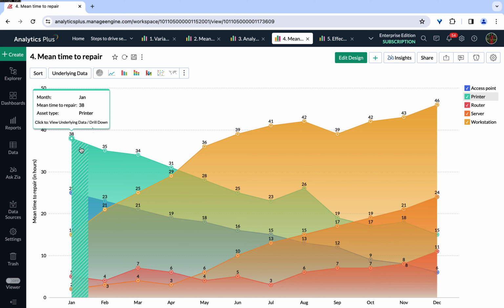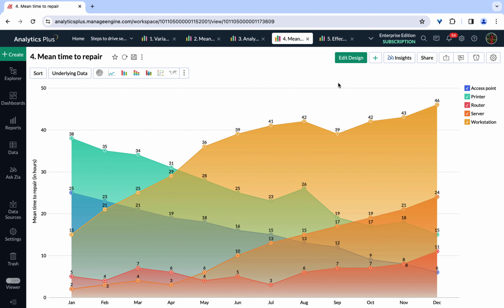It calculates the mean time to resolve incidents. And as we're looking to address the inefficiencies that significantly impact productivity and costs, I've filtered out only the incidents pertaining to asset outages in this visualization today.